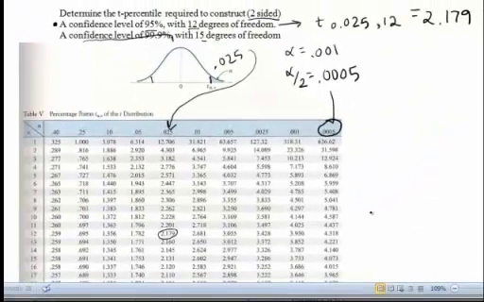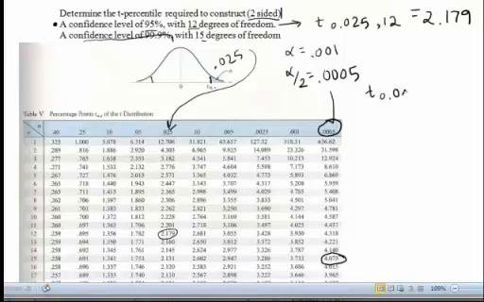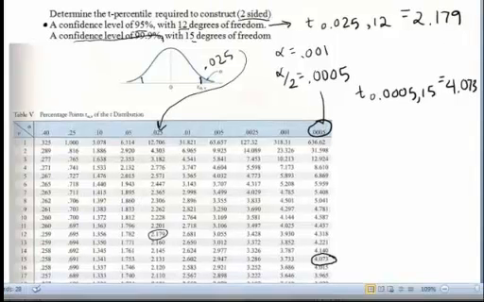So we've got this, and we said 15 degrees of freedom, so we look over here: 4.073. So now we know that t of 0.0005, 15 is going to be 4.073. And hopefully now you can see it better.